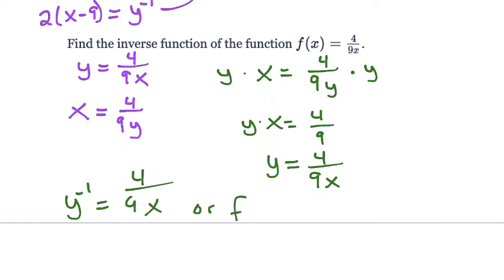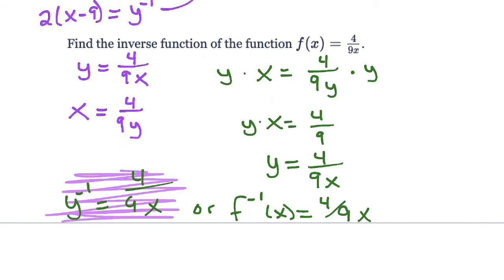So now our answer is the inverse is equal to 4 over 9x, or you could write it as the inverse is equal to 4 over 9x. We've now made it into the inverse, and the final answer is either this one or this one. Either one of those is a fine answer. So we're switching the x and y, solving for y, using the inverse notation.